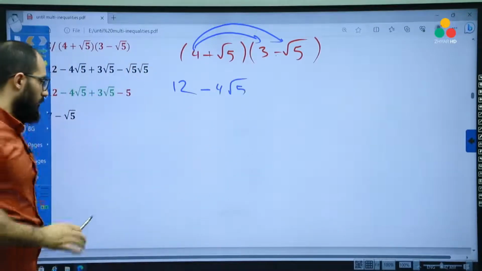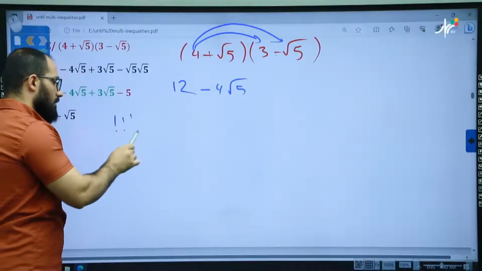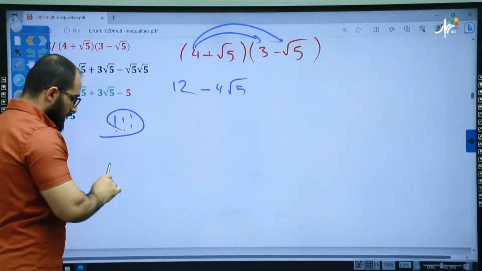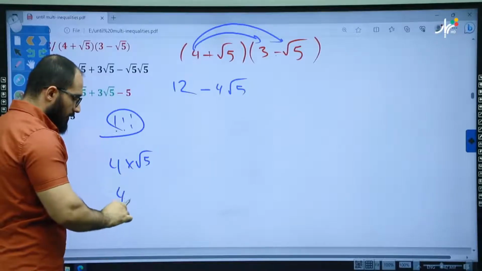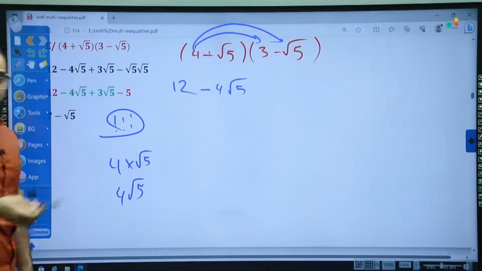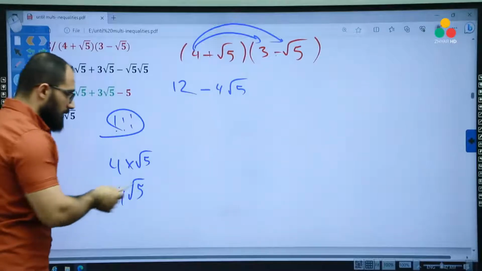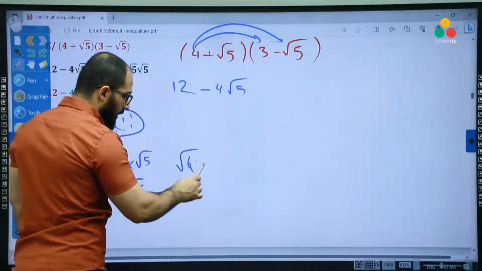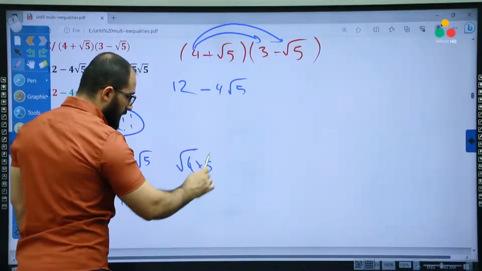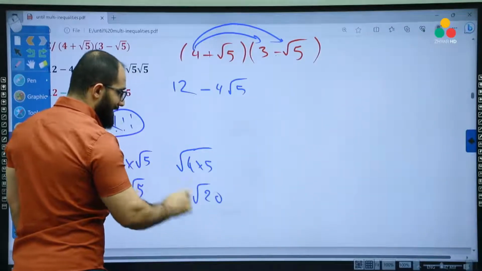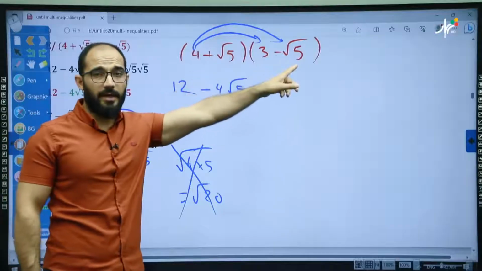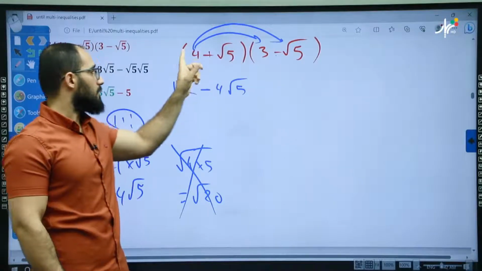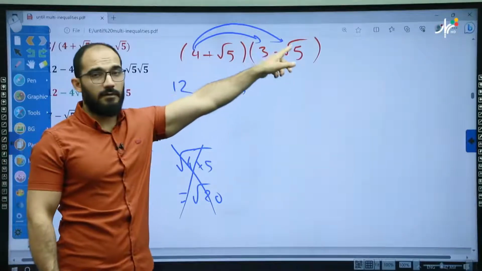Please be careful. Do not make that mistake. When you say 4 times square root of 5, it's going to be 4 square root of 5. But sometimes students say it's going to be 4 times 5, then square root of 20. It's not true, because we have a number multiplied by a square root. Then it's going to be 4 square root of 5.